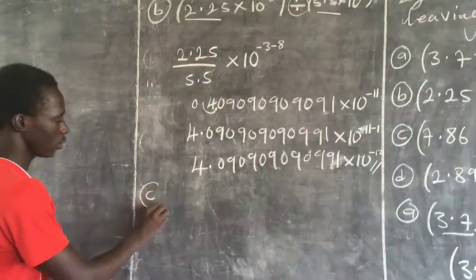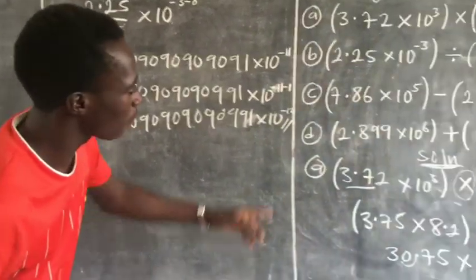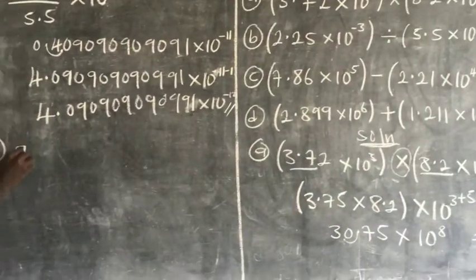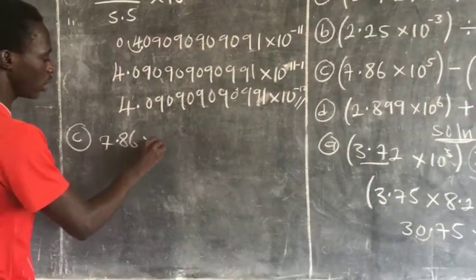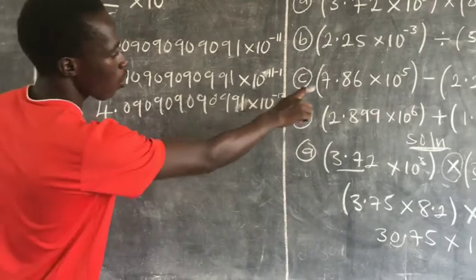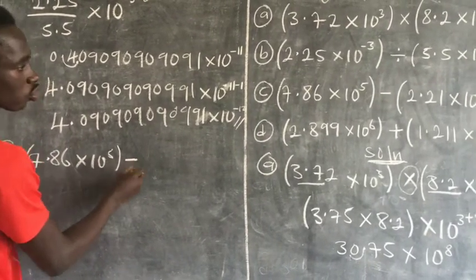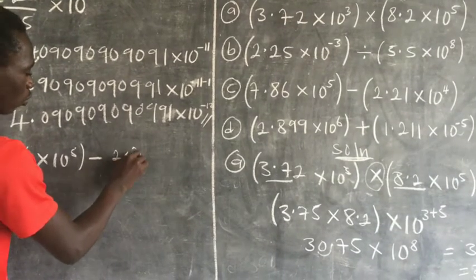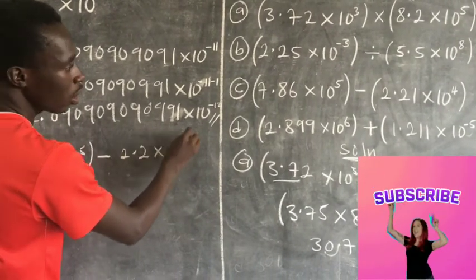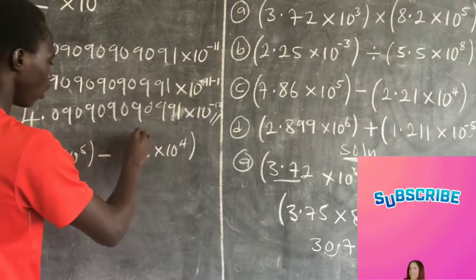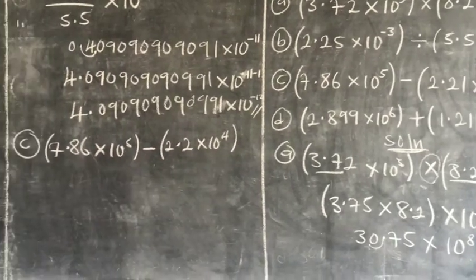Now C. We have 7.86 times 10 to the power 5, that is exponent 5, minus 2.2 times 10 to the power 4, that is exponent 4 now.